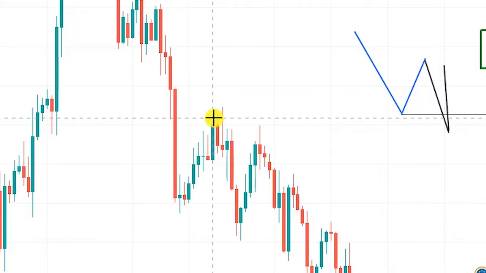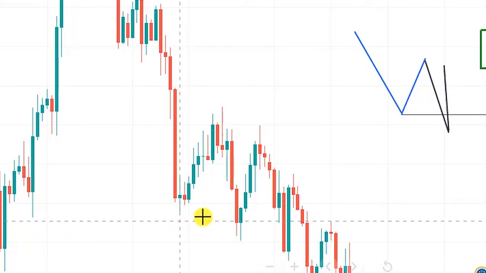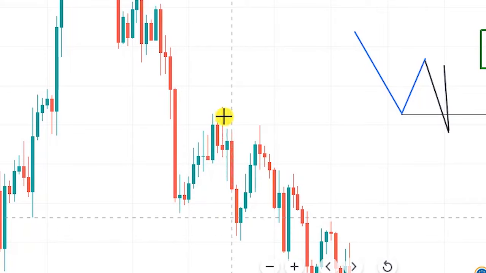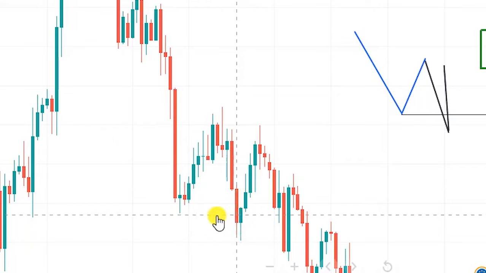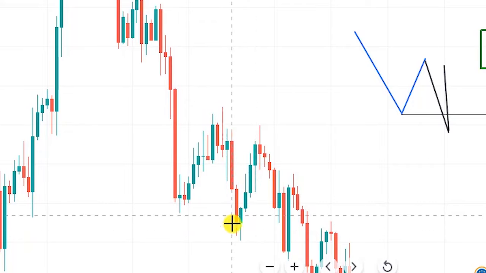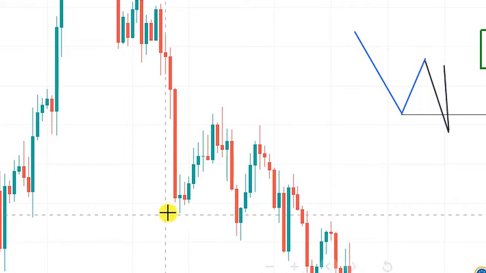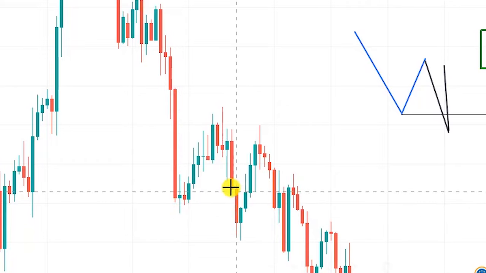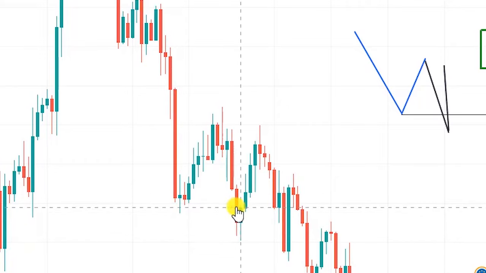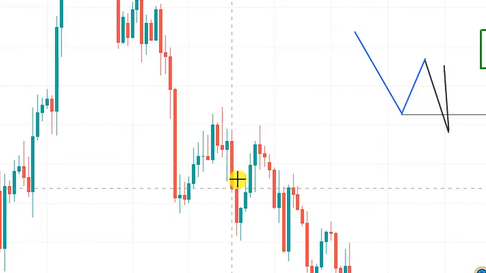They use their money to sell this market, to push price back to this area because they know liquidity is in this area. Traders will be putting their stop losses in this area, so they will spend their money knowing that they will get the money back from those traders that will be putting their stop losses here. Then also those traders that are breakout traders that look to sell when price breaks a low or a major structure, which is a low now, they will have to buy the market so as to grab the liquidity of those traders or their stop losses, because some will be putting stop losses around this zone.